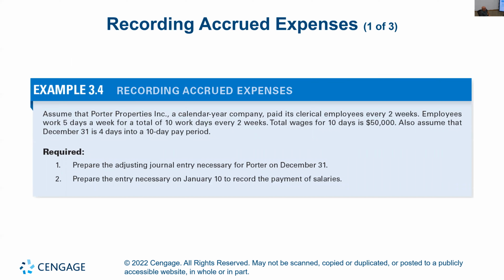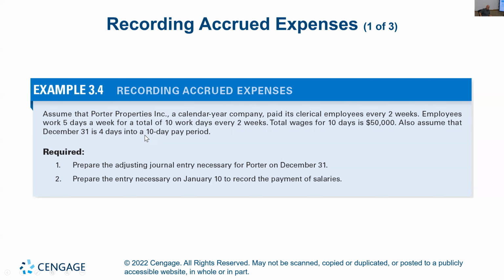Okay, so we pay our employees every 2 weeks. Employees work 5 days a week, a total of 10 work days every 2 weeks. Total wages for 10 days is $50,000. Also assume that December 31st is 4 days into a 10-day work period. So first thing we do here, December 31st is 4 days into a 10-day work period.